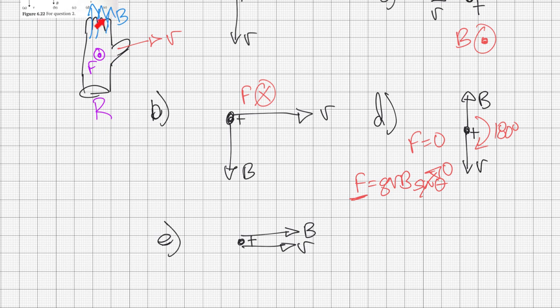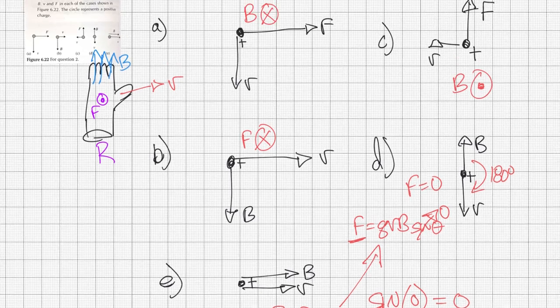Actually, it's not impossible to have our hand oriented like that, but when we're doing the right-hand rule, we always need to have our thumb perpendicular to our magnetic field. So in this case, our force, again, is going to equal 0. And we're going to use this equation here to prove that. The sine of 0 degrees, let's write this, is 0. And so there's going to be no force at E as well.